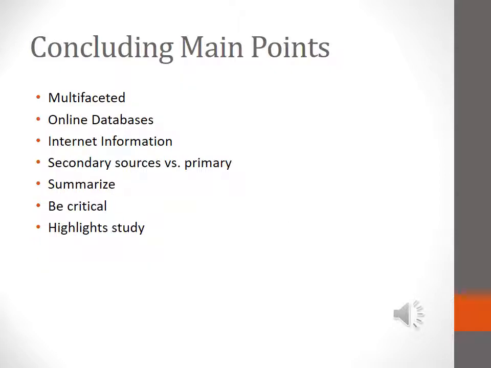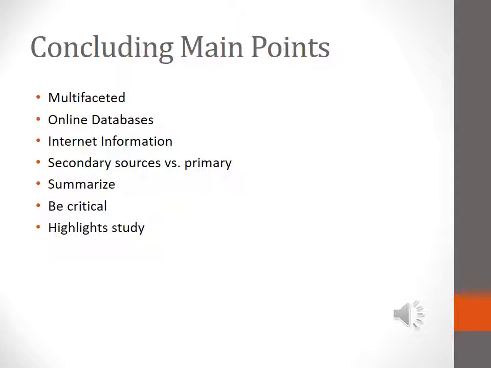So here are some concluding points on literature reviews. They're multifaceted. Look at using online databases to collect literature. Look at using the internet information, but also be careful of what information is on the internet. Focus on using primary versus secondary sources.